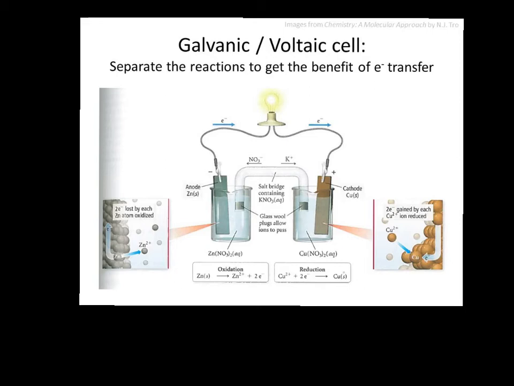So this is an example of how this would work. In this particular case, zinc is losing electrons more easily than copper. Which is how we know that the reaction runs spontaneously in this particular problem.